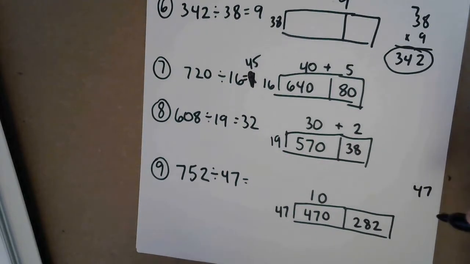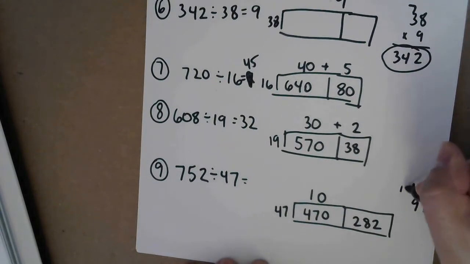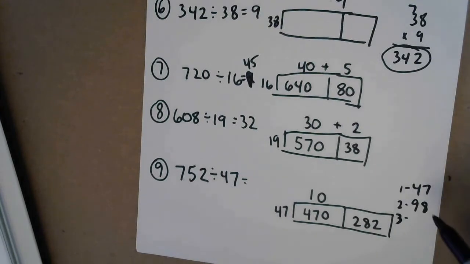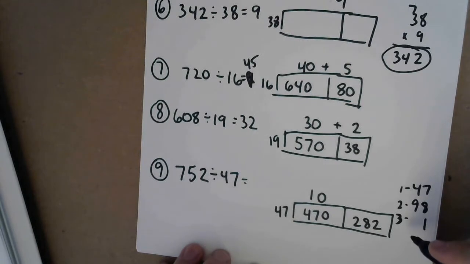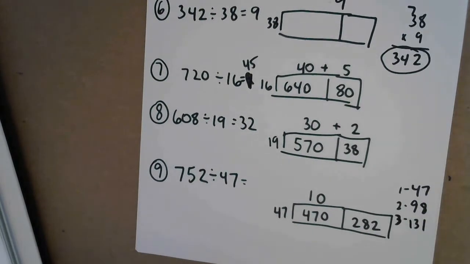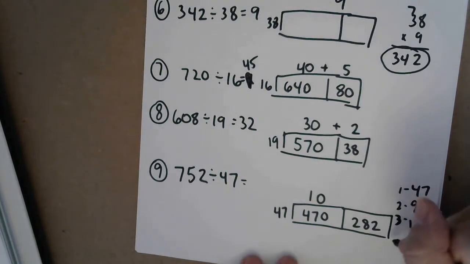I have 47. If I multiply 47 times 2, or double it, I would get 94, right? So 1, 2 times, 3 times 47. Let me think here. 7 times 3 is 21. 7 times 4 is 28, plus that 2 is 30... that's 141. I can do 47 4 times.